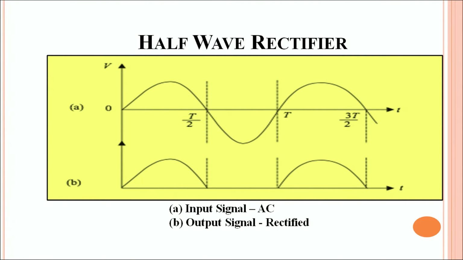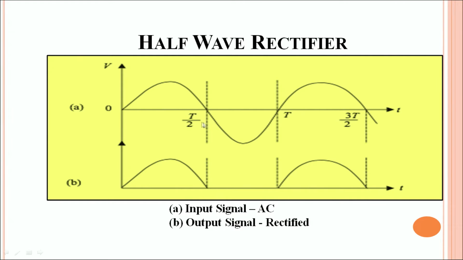Now, during the positive half of the cycle, we observe that the load resistance allows the current, and thus you observe an output in the positive half cycle. As soon as the negative cycle is fed in, the diode is in reverse bias and thus it blocks the current and does not allow the negative cycle to pass through.